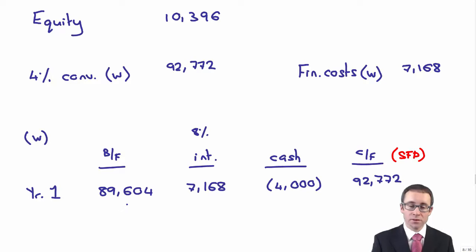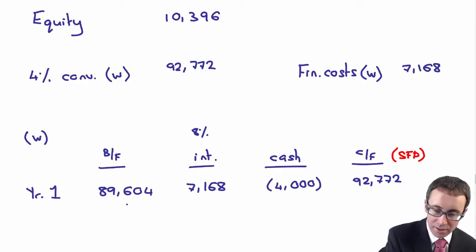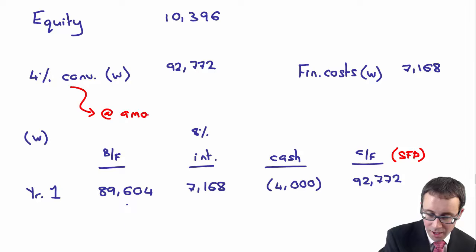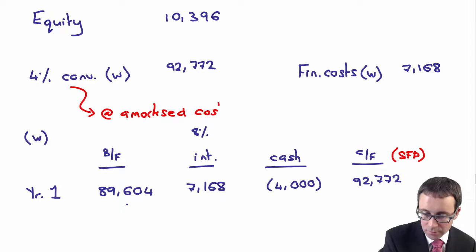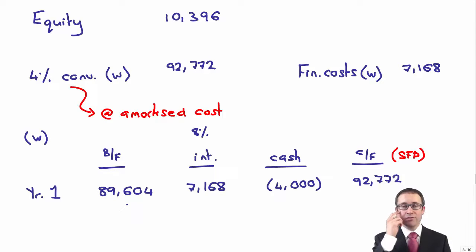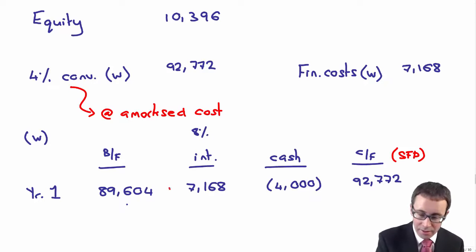And then the subsequent treatment is that here, the 4% convertibles, the debt is treated, isn't it, at amortized cost. So you apply the effective rate of interest, that market rate of 8% to the outstanding liability, which increases the liability.